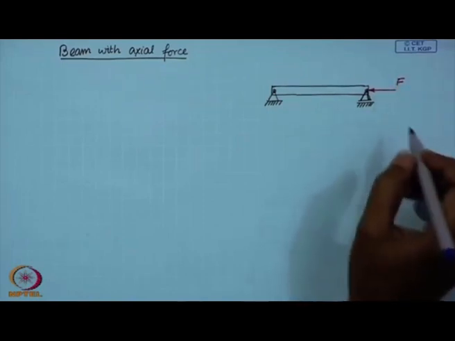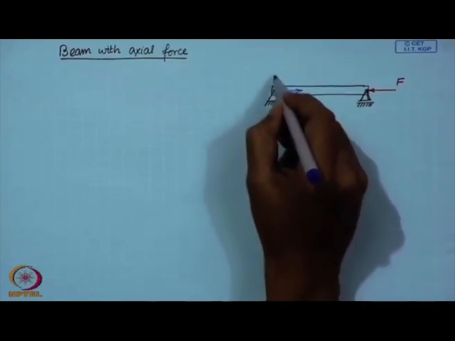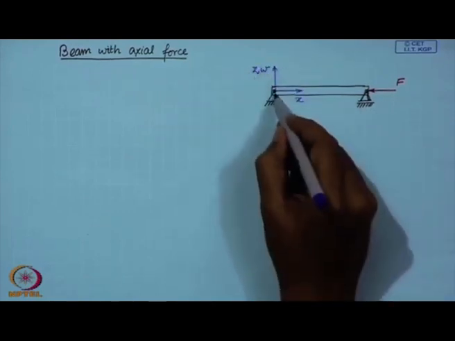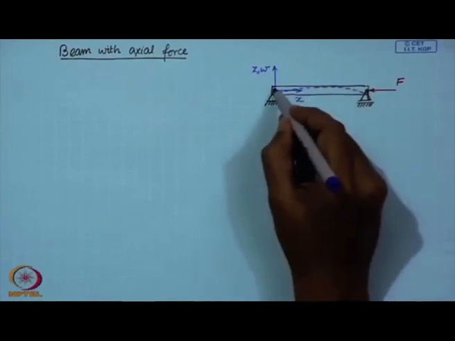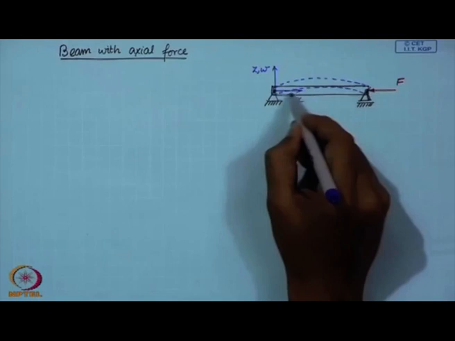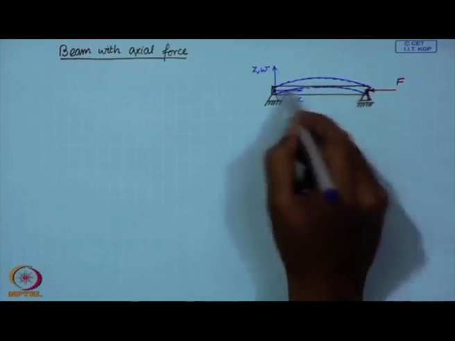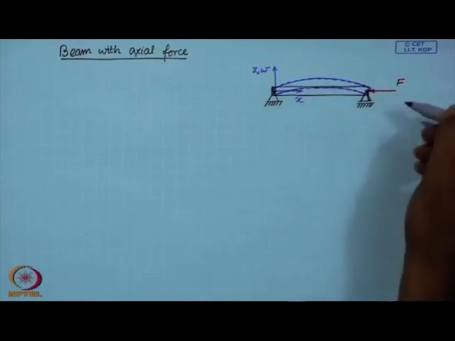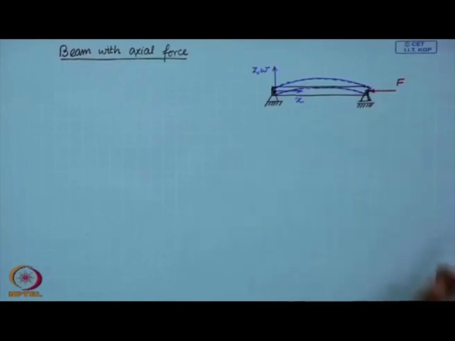So, we have this axial force F, and the beam can deflect in this manner. The force retains its direction in this particular case.